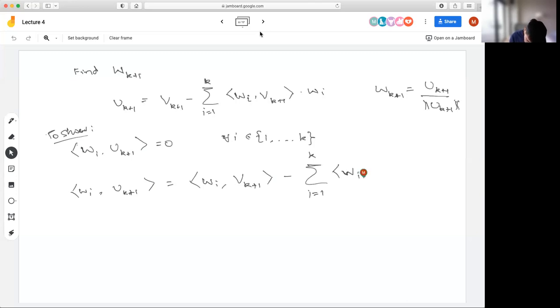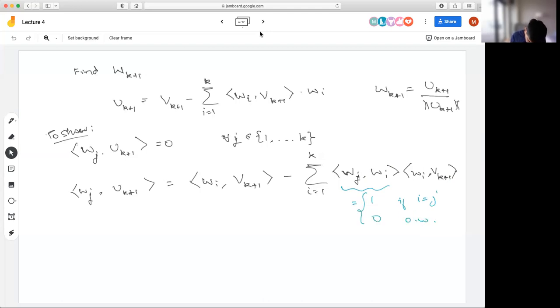Okay, let me use j for the index here so as to not get confused in the summation. And because the W's are an orthonormal set, this is equal to 1 if i is equal to j and 0 otherwise.